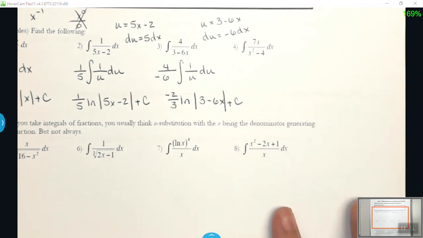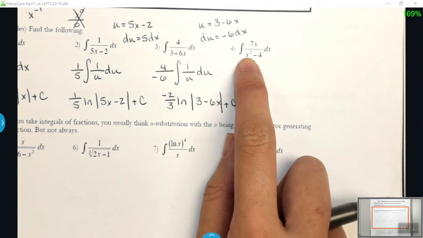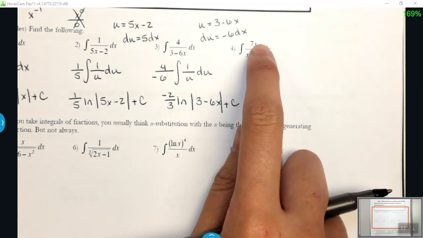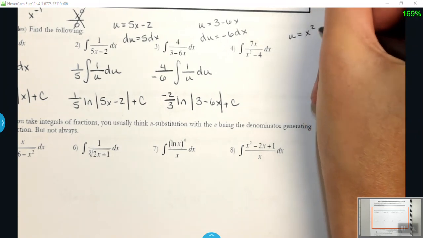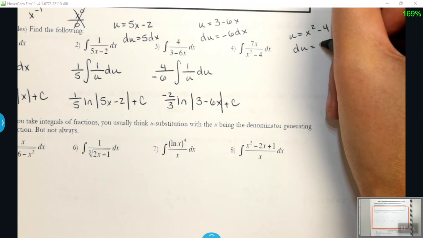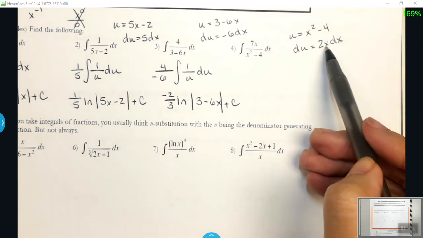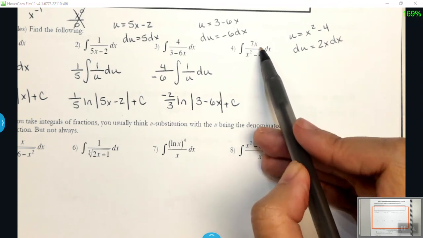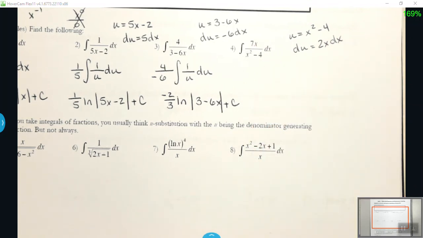Any questions? Okay. See how it's x squared on the denominator and I have an x on the top? That's a good thing. So my u is going to be x squared minus 4. du is going to be 2x dx, which is great because I have this x dx that matches with this x dx. So what should I bring out to the outside? 7 over 2.